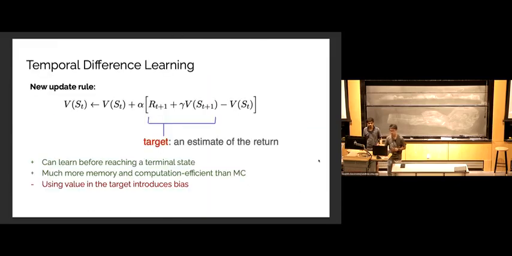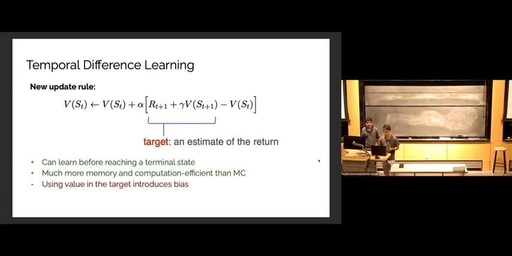So in practice, we do this, and I have mentioned that replacing the discounted return with the value function will introduce bias in the target.